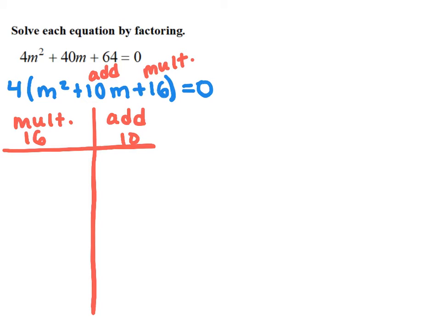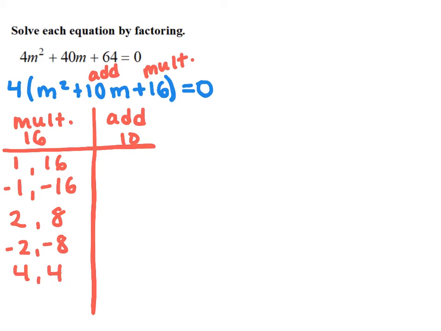So 16 divided by 1 gives me 16, so I have 1 and 16, or negative 1, negative 16. Since 16 divided by 2 is 8, I have positive 2, positive 8, or negative 2, negative 8. And if I do 16 divided by 4, I get 4. So I have positive 4 and positive 4, or negative 4 and negative 4.